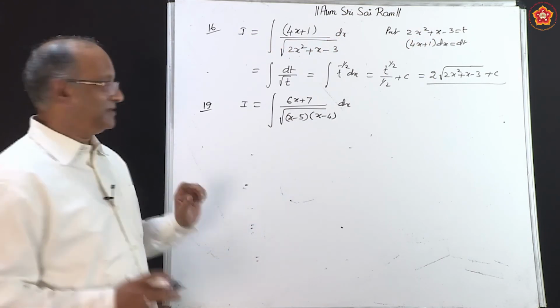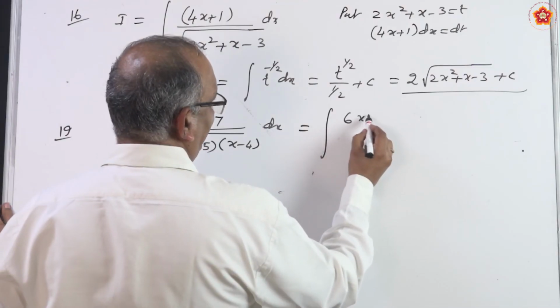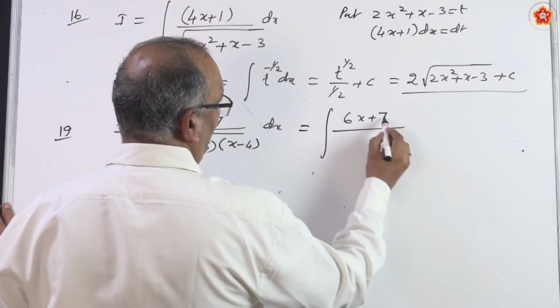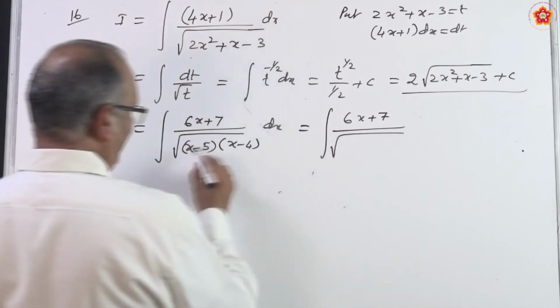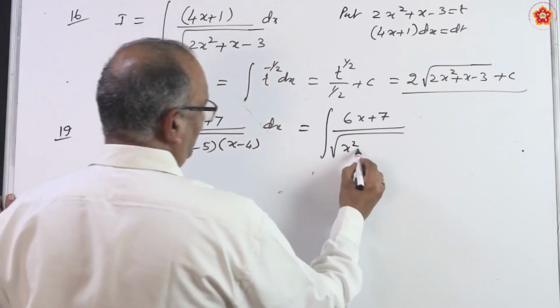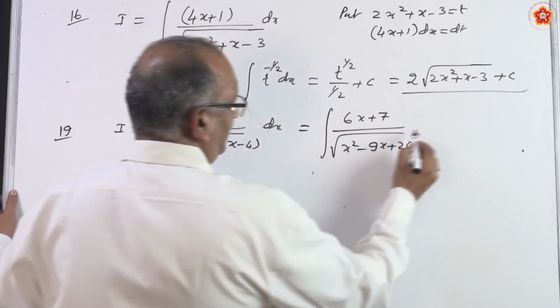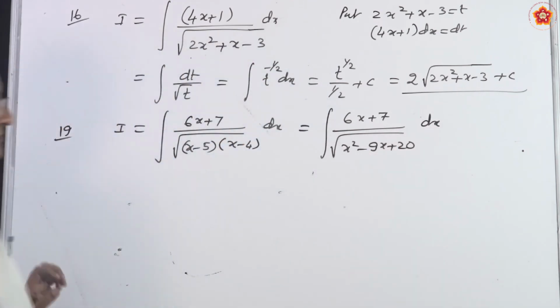We multiplied. So the same problem can be written as 6x plus 7 upon under root of the product, so it will become x square minus 9x plus 20. Yes, now it is of the last type.